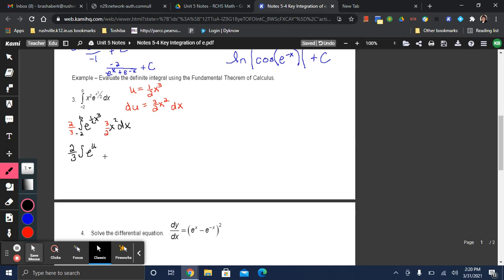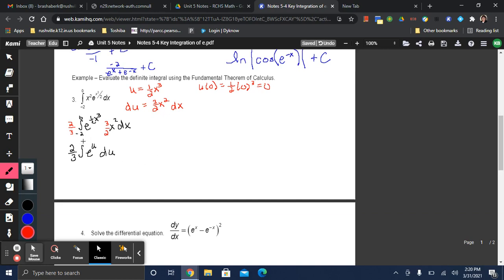and here du. And when I switch to the u, I need to adjust my limits of integration. So for the top one, u of 0 means that I'm going to plug in 0 for the x. So 1/2 times 0 to the 3rd, which is going to give me 0.